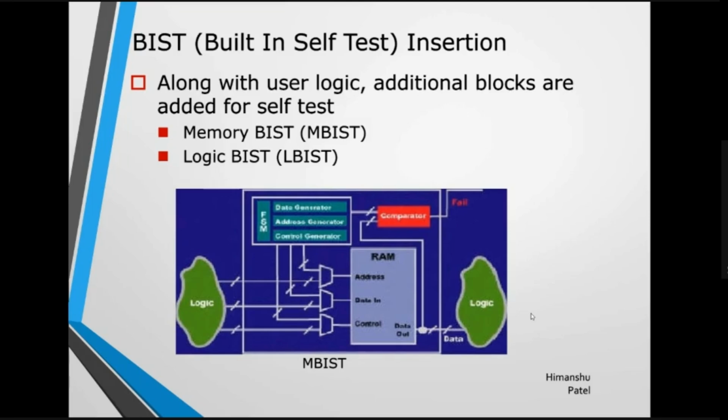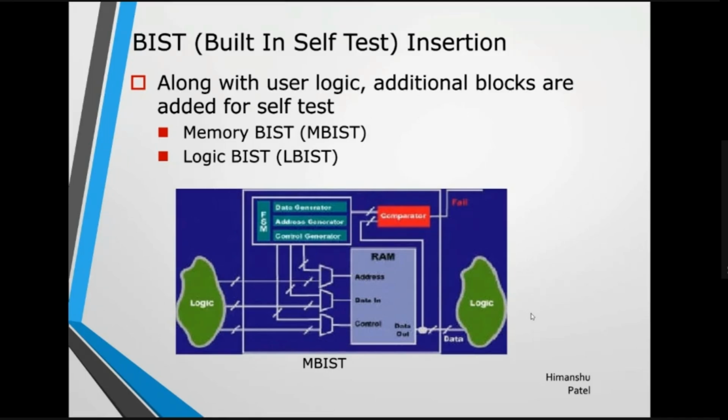So you don't need to know what exactly is inside that particular IC. You can do it directly at the pin of that IC. So here we have two kinds of built-in self-test mechanisms.